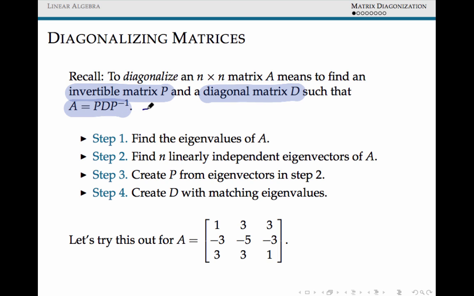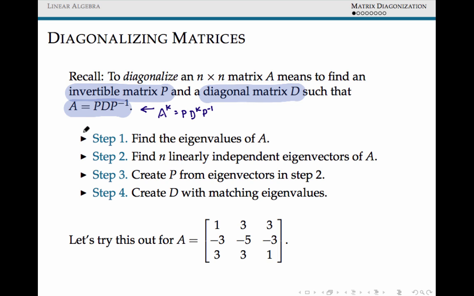One of the advantages of working with this is it gave us some idea of the structure of A, and in particular, the matrices P and D were telling us about the eigenspaces. Other bonuses: we could write A to the K as P D to the K times P inverse. So we got some bonus information out of knowing that we had a diagonalization of a matrix A.